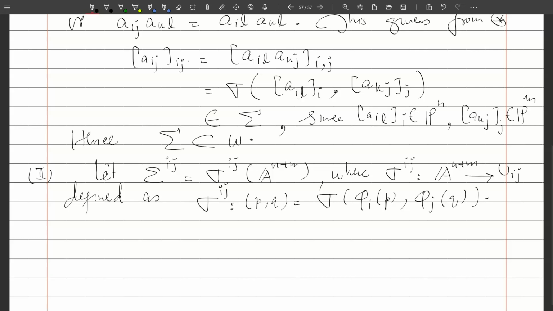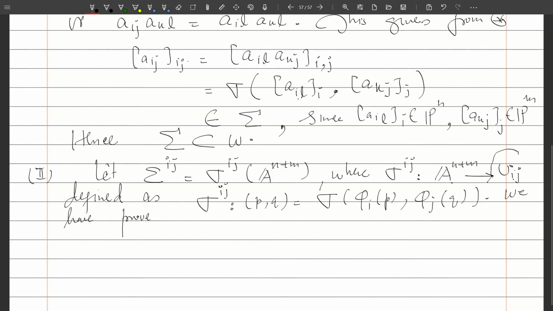So we have to prove this sigma_ij is actually an isomorphism. One should note here that this sigma_ij from A^(n+m) to U_ij need not be an isomorphism.